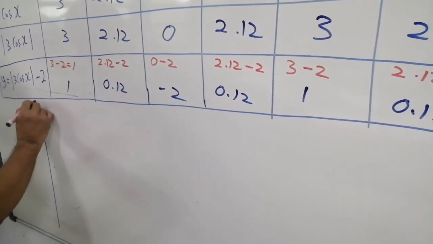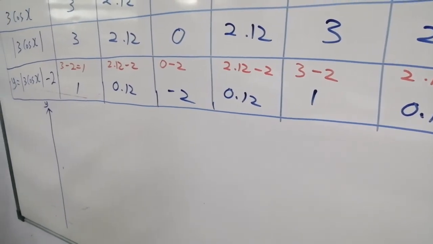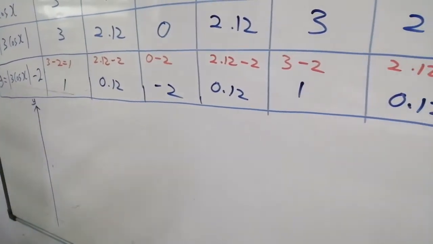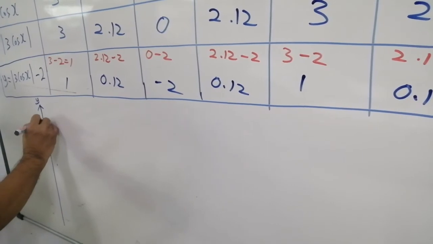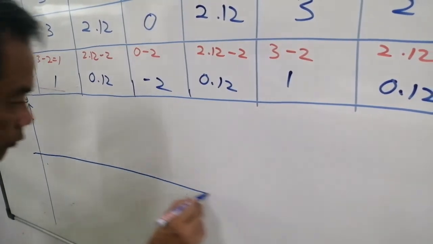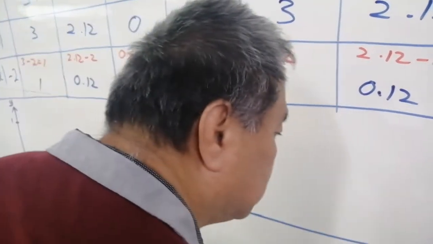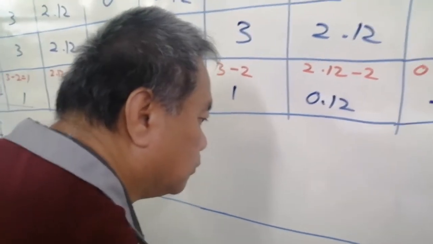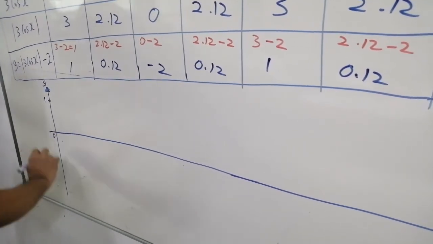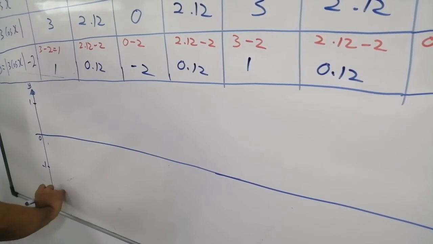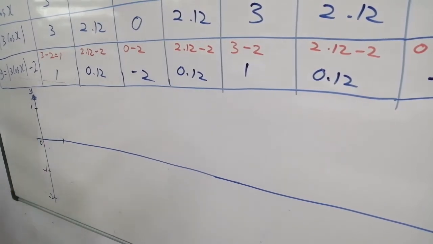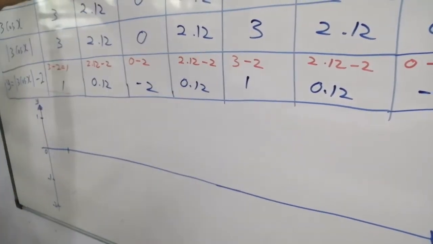So this one is my y. My maximum positive value is positive 1 only. Simple, so I put 1 here. Here is x, here is y. Here is 0. I assume here is minus 1 and here is minus 2. Here is pi over 4, 0 starts from here.